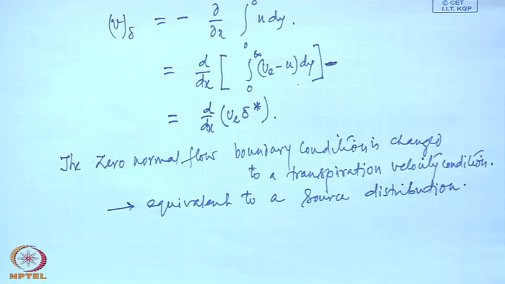These are two alternatives, the alternative effects on the inviscid flow. The inviscid flow will see either that the wall has now got a thickness, or the wall has been displaced by a distance delta star, or it will see that there is an additional source distribution placed on the plate whose strength is given by this.